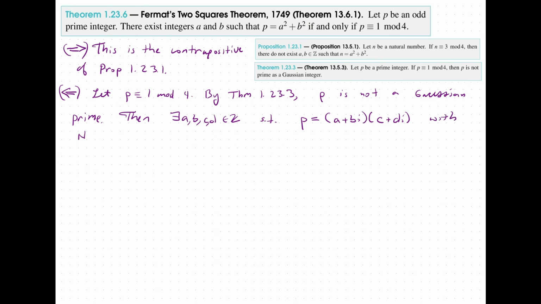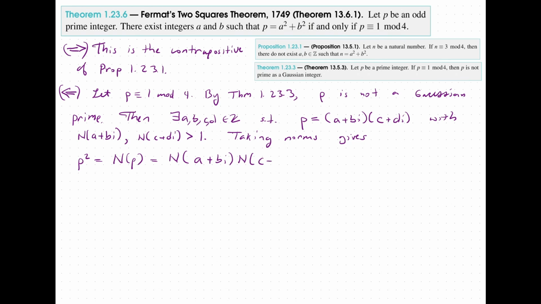Since they are not units, we also have that the norm of a plus bi and the norm of c plus di are greater than 1. So we have this condition. If we now take norms of both sides, this gives that p squared is equal to the norm of p, which by the multiplicativity of the norm is the norm of a plus bi times the norm of c plus di.